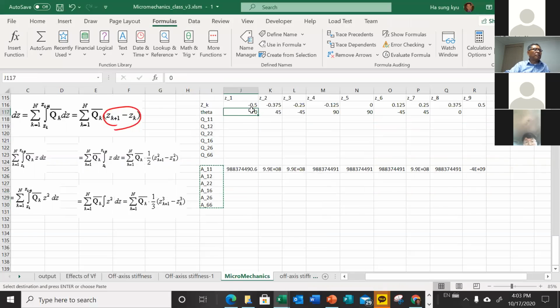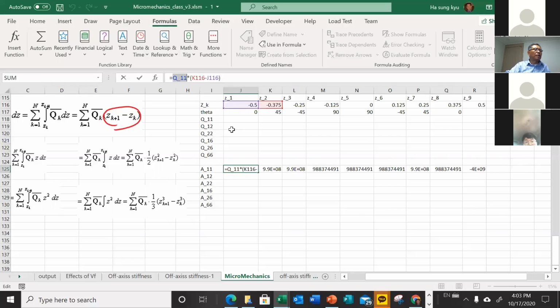So each angle you should get a Q11 and Q12 and so on. And this one, Q11 should be this guy, which you will calculate depending on this angle.